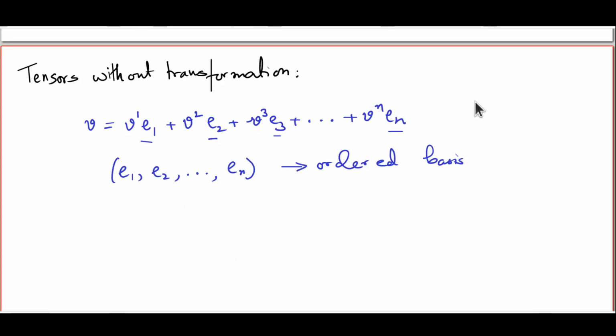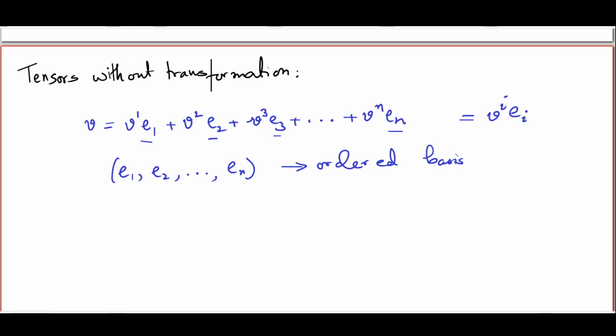And let me also remind you that this relation actually tells us that in a way the components transform under a coordinate transformation in exactly the opposite way in which the basis does, and as a result the object v, which is something out there independent of the coordinate system, does not really change when you change your coordinate system.